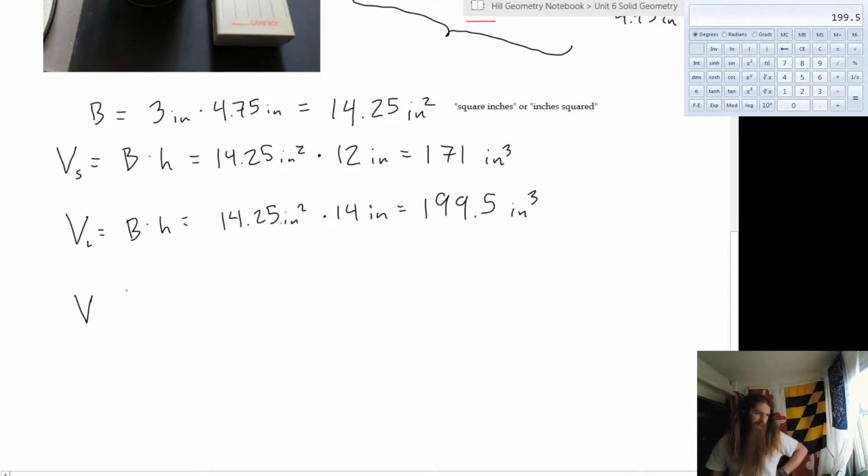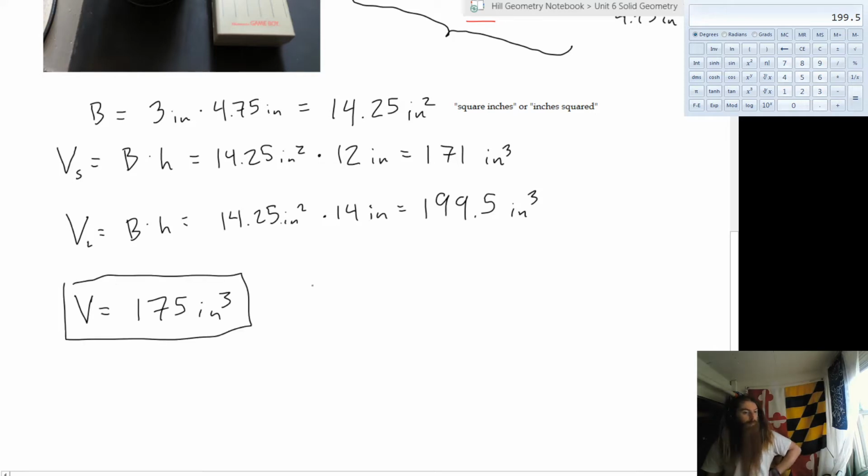I would be confident. So volume is equal to 175 inches cubed. So a little bit more than our minimum, but not very much. Okay, and I would be able to explain that in writing, explaining my reasoning, which you will be or have been asked to do in your assignment.